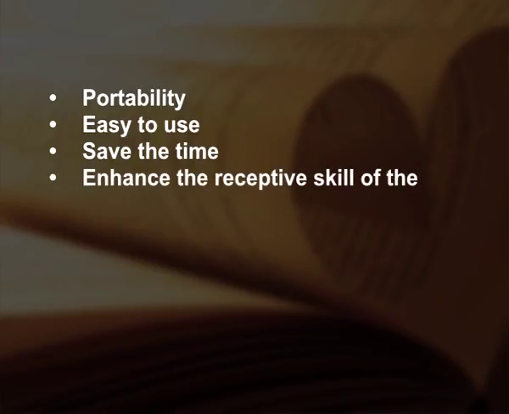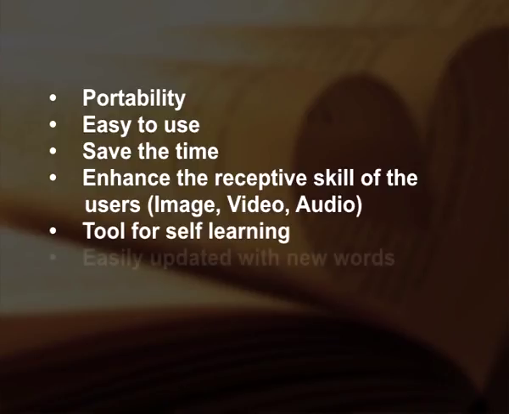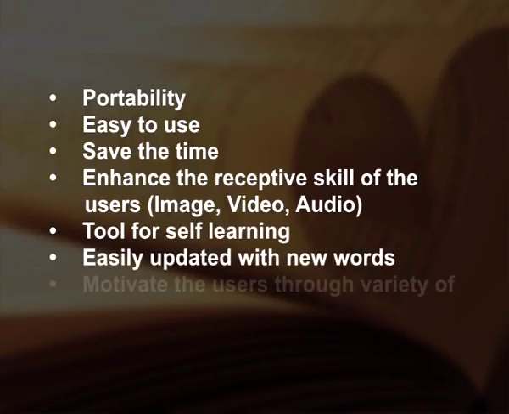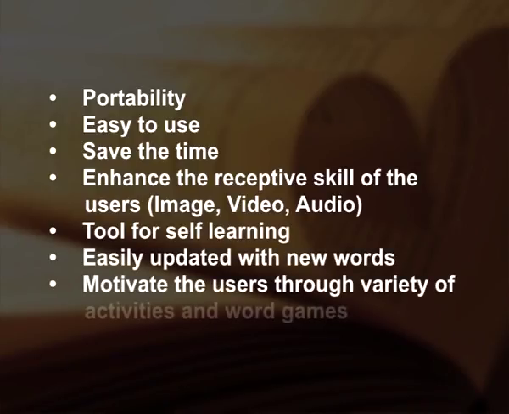Electronic dictionary is widely used by the learners today because of its advantages over the traditional print dictionary. Advantages of electronic dictionary are portability, easy to use, saves time, enhances the receptive skill of the users with image, video and audio, tool for self-learning, easily updated with new words. And finally, it motivates the users through a variety of activities and word games.